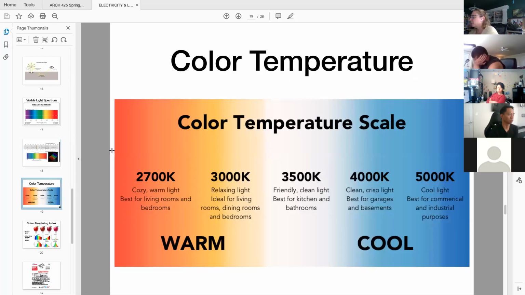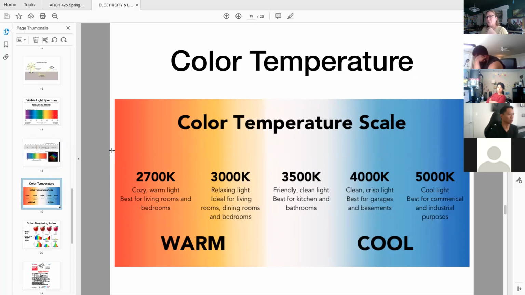Let's look at color temperature. Okay, this is going to be the number one thing that's going to mess you up when you're buying a light bulb, and I blame the lighting bulb industry for it. 5,000 Kelvin is a very, very cool light. But what they're going to say on your light bulb package is daylight.